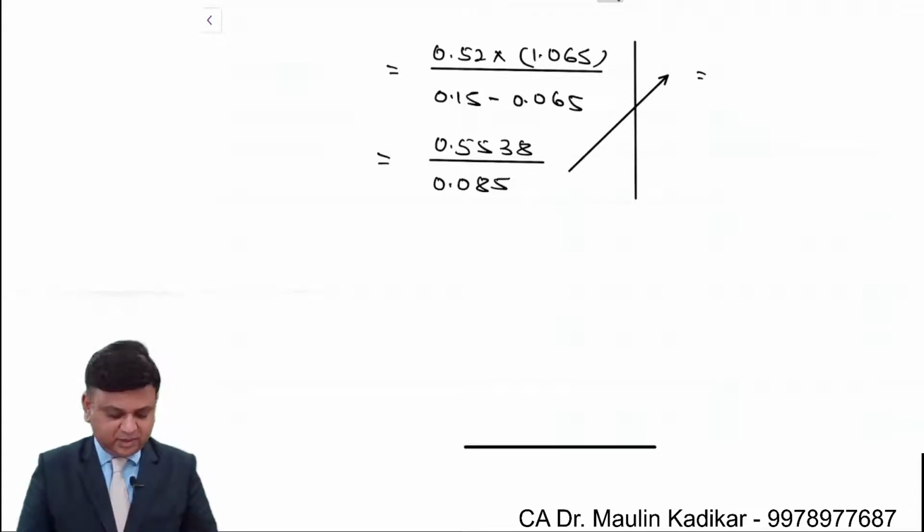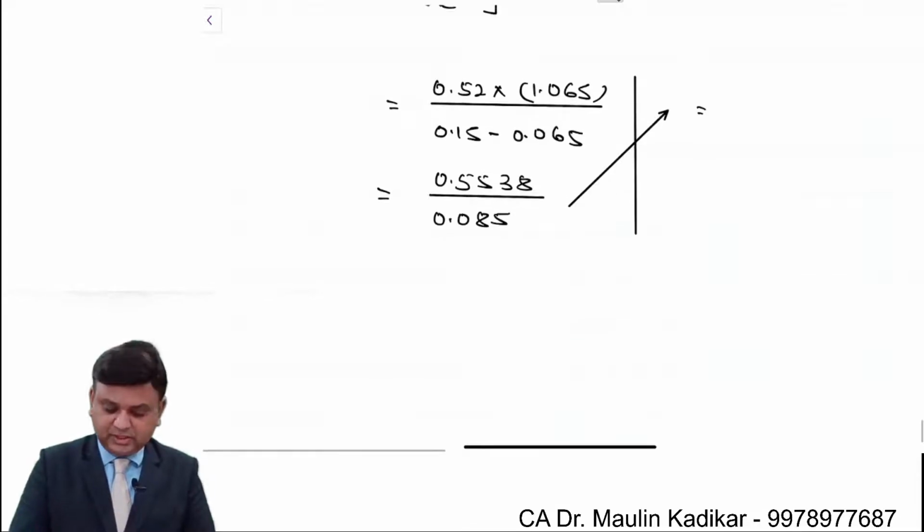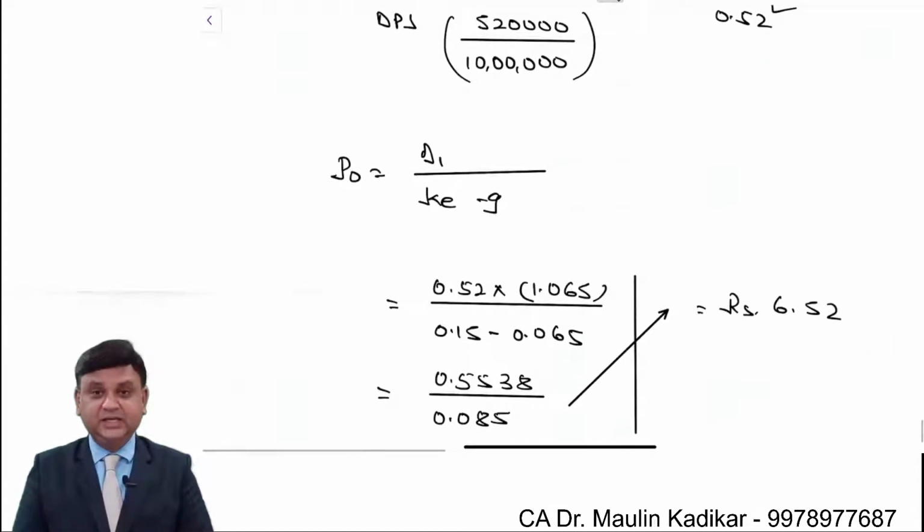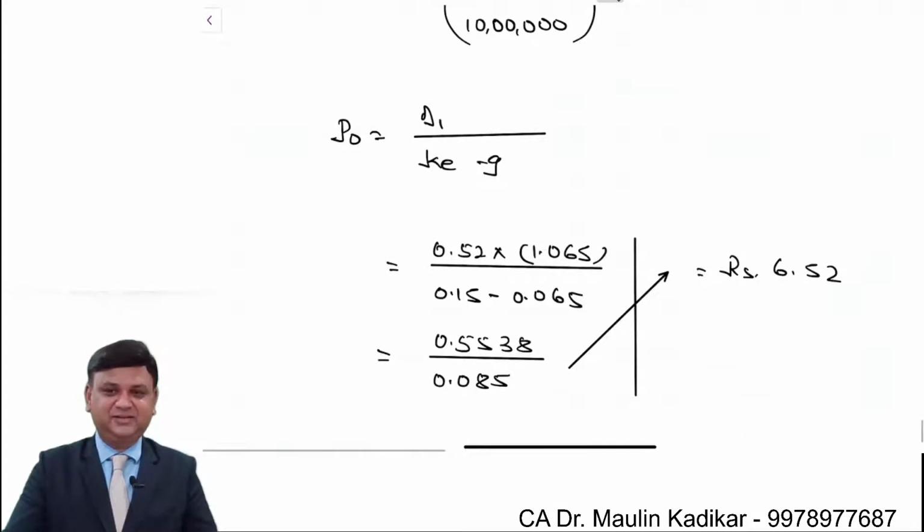So over here 0.5538 divided by 8.5%. That is 6.5152. So let us take rupees 6.52. That is the equilibrium price of the security.